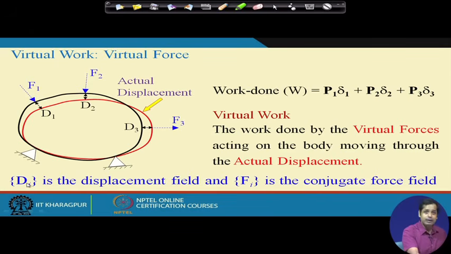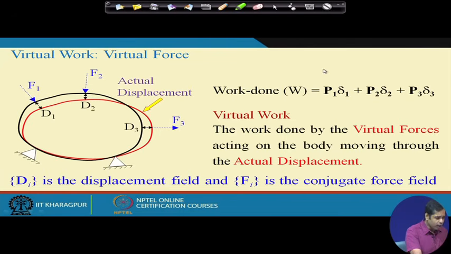They are totally independent. The only requirement is that the force field should satisfy static admissibility. Static admissibility means they should satisfy the equilibrium condition, as we discussed. And the displacement field should be compatible, that is, satisfy the internal compatibility of the object.